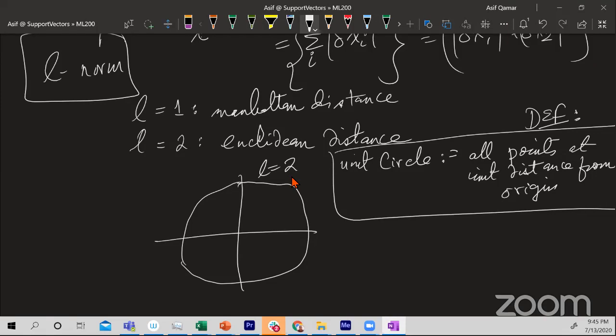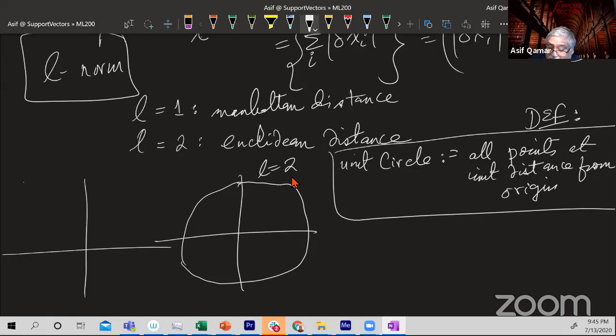Now let's think what happens when we do it for L is equal to 1, the 1 norm. Points which are at the same distance are here. The surprising thing is that the norm of x1 plus the norm of x2 is equal to 1. What does this equation look like? This is the equation of a straight line. Let me give you the intuition.